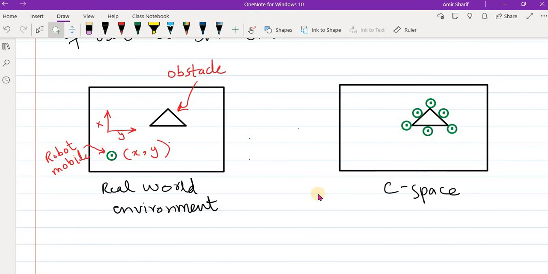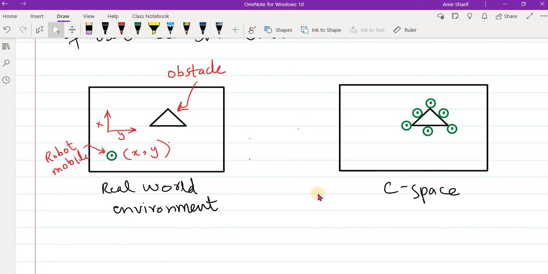So when your robot is moving in this environment, in case of C space, when the robot reaches near this obstacle, the center point of the robot cannot get near the obstacle more than half of the diameter. So this center point of the robot will always be one radius away from this obstacle.